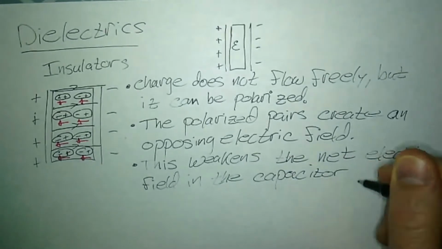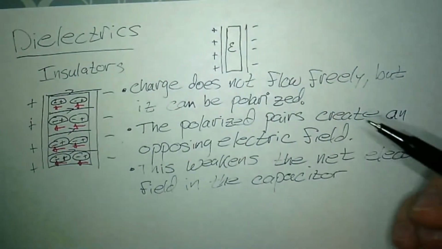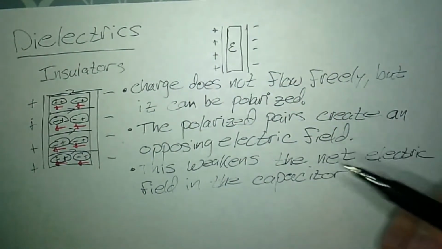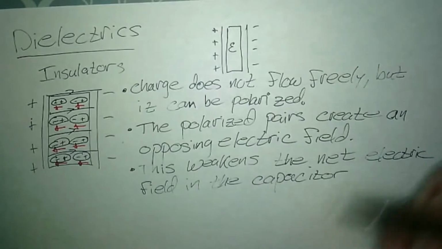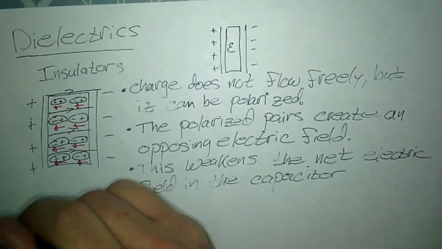So why do we put these in there if they weaken our electric field? Because that seems counterproductive, right? Well, let's think of it this way. One of the goals of a capacitor is usually to store the most charge with the least amount of energy, right? Let's write that down.